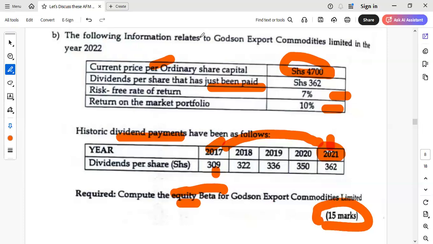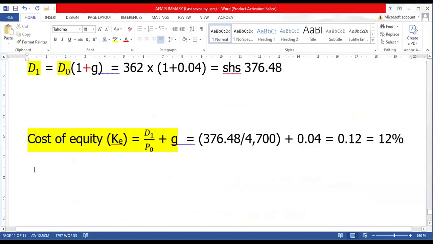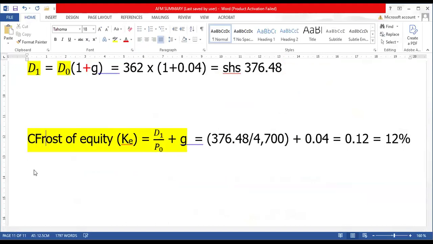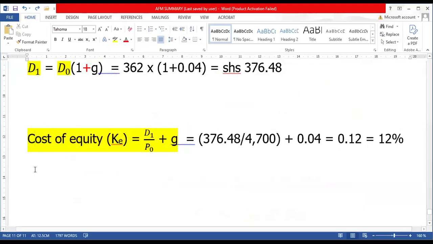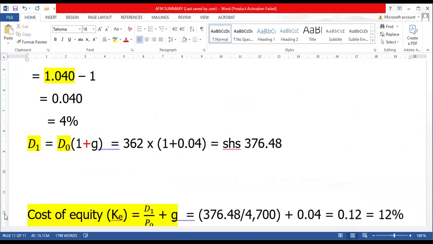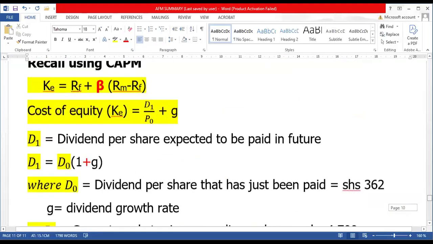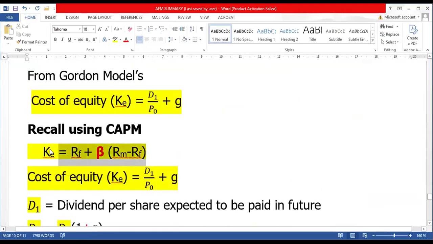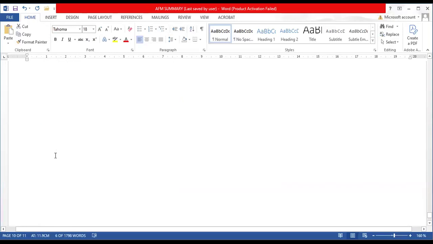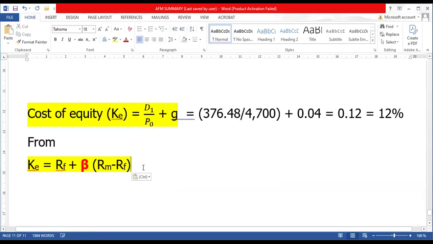For equity beta, you now use the CAPM. From the CAPM formula, you substitute, you have everything.